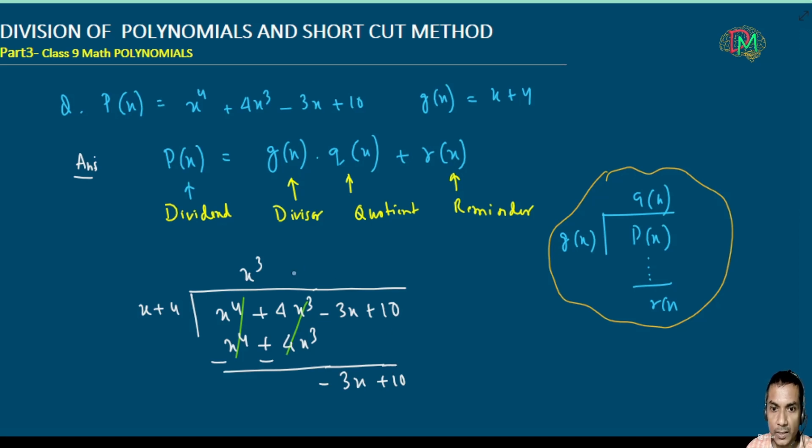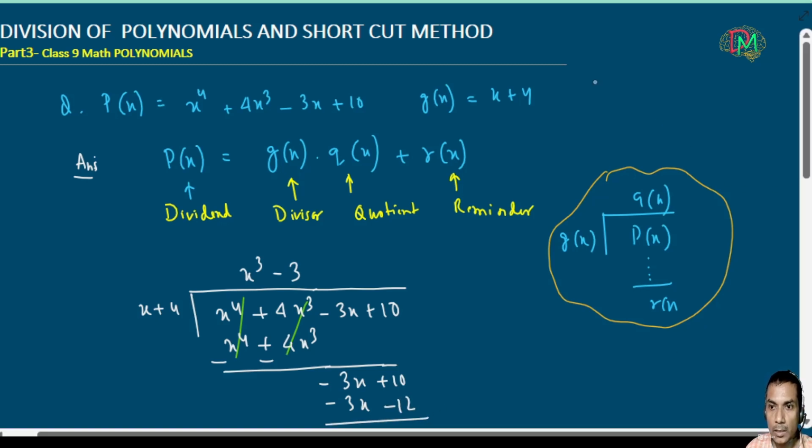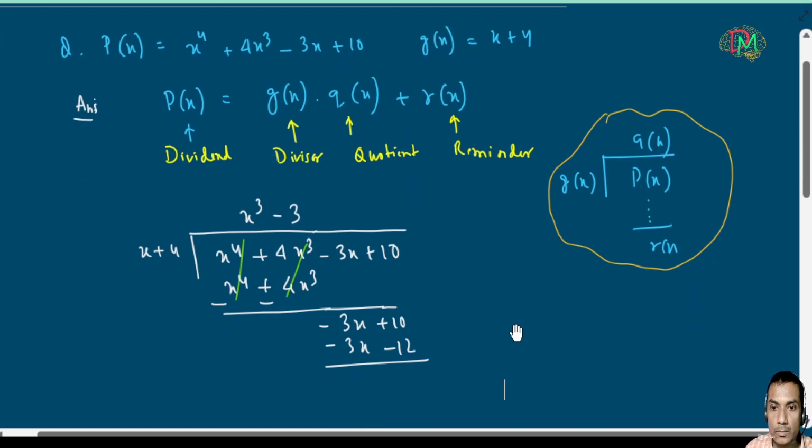Then to match this minus 3x, you have to multiply by minus 3. So minus 3x minus 12, and the remainder will be minus 2. Clear? Done.